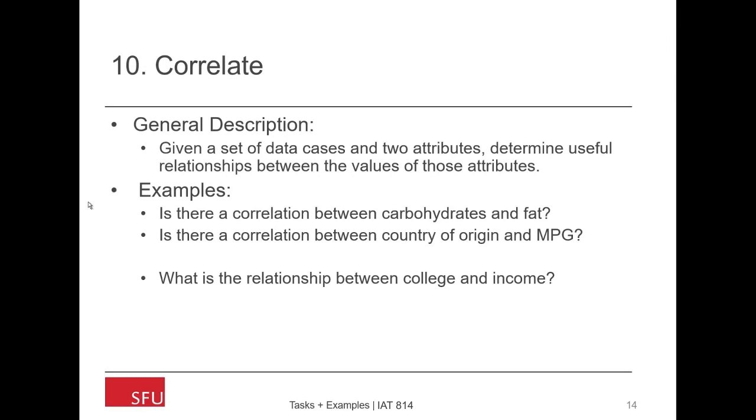And we've been staring at this college education thing for a while now, so it's pretty clear what the relationship is. Other example questions are: is there a correlation between carbohydrates and fat? Is there a correlation between country of origin of cars and miles per gallon? In the 70s, I think there was, and that cars data set goes from 1970 to 1982. And finally on this list, what's the relationship between college and income?